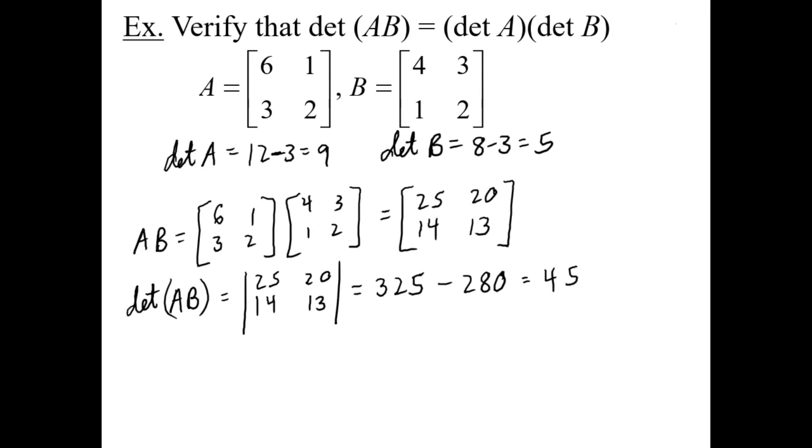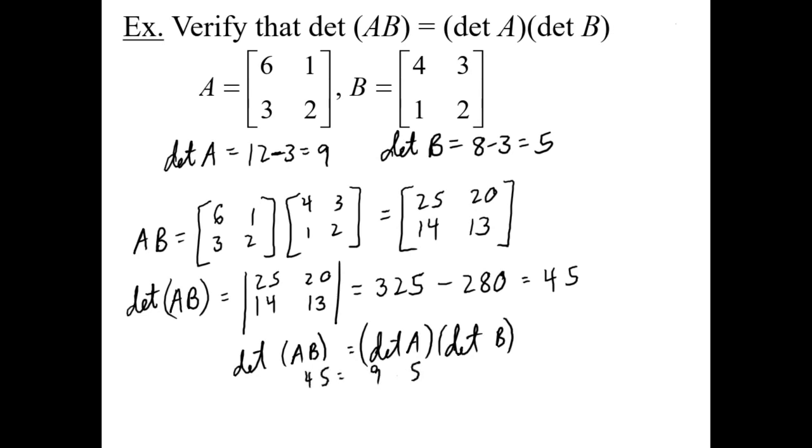And it's worth observing that the determinant of AB is equal to the determinant of A times the determinant of B, because 45 is equal to 9 times 5. Okay, that's cool. So this is a useful property, right?